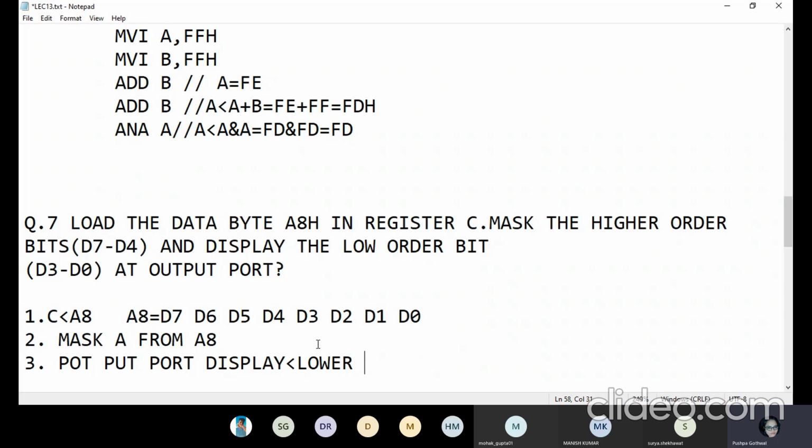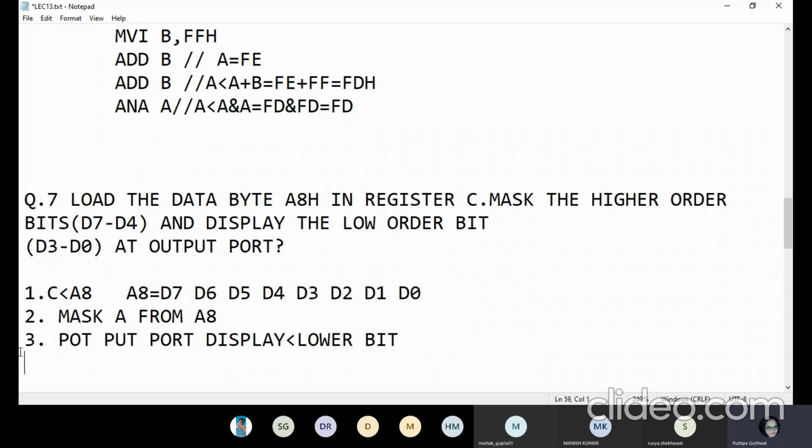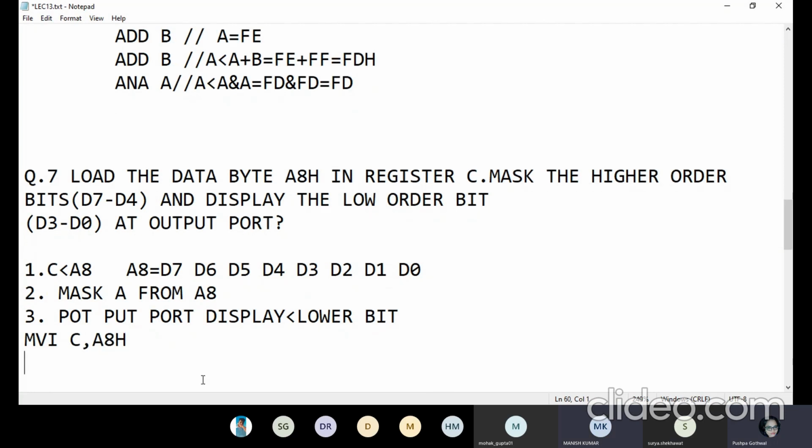Can you tell me how I should write this code? Which instruction comes first? MVI. MVI C comma A8H.